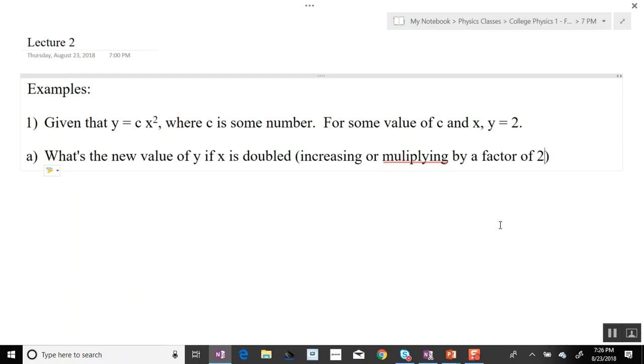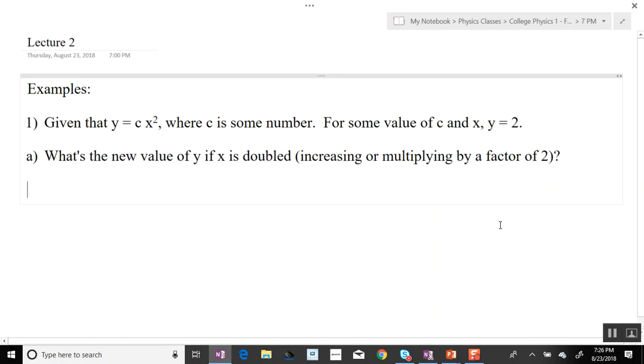It's the same thing. Doubling is the same thing as multiplying by 2, or increasing by a factor of 2. All right, that's the question. So if you double x, what's the new value of y? That's it, right? Like I said, these first couple are pretty straightforward, but let's see if you can figure it out.